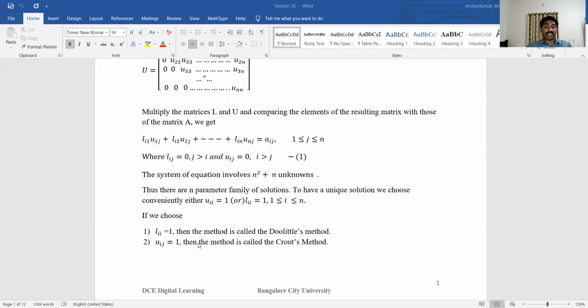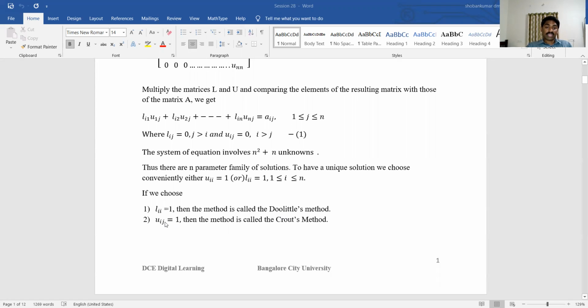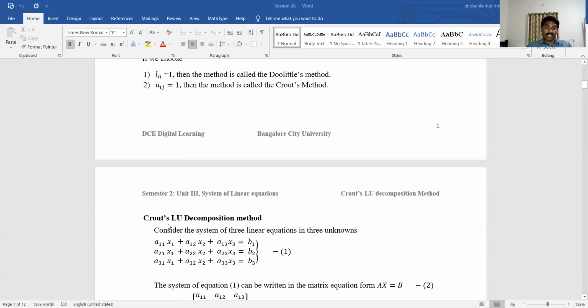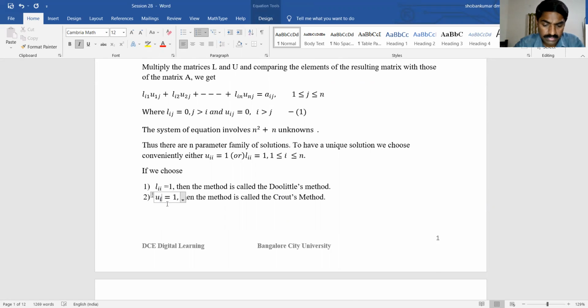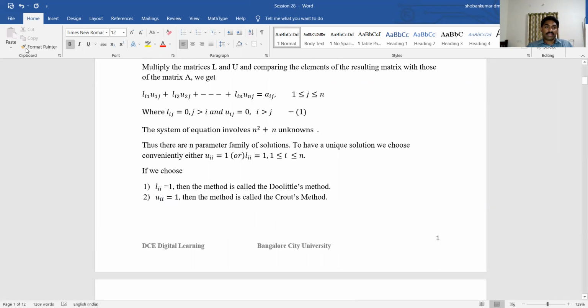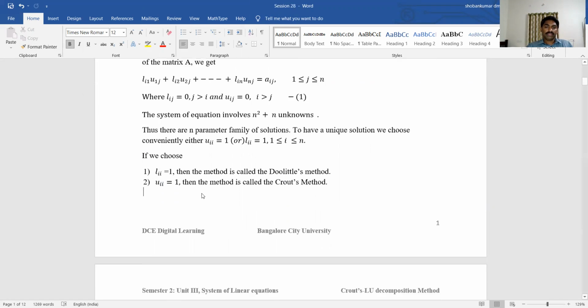If Uii is equal to 1, then the method is called Crout's method. That is called Crout's method. Okay.